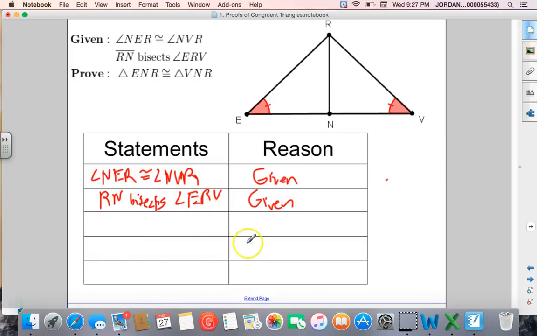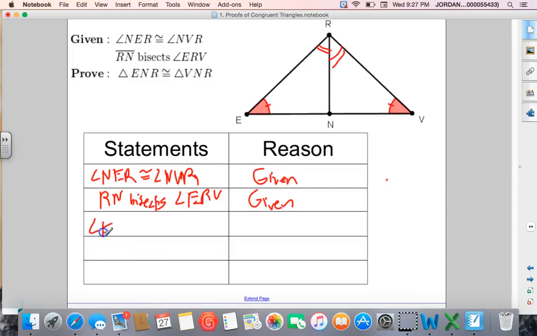Right, so because that bisects the angle, if RN bisects this angle, we know that this part of the angle and this part of the angle must be congruent. Okay, so that's a new statement that we can make. We can say that angle ERN must be congruent to angle VRN.